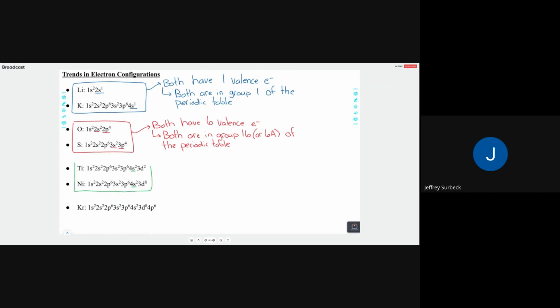Okay, so again, both of these items here have 2 valence electrons. Now, they are not in the same group, but they belong to this unique group called the D block, or more commonly called the transition elements, okay?